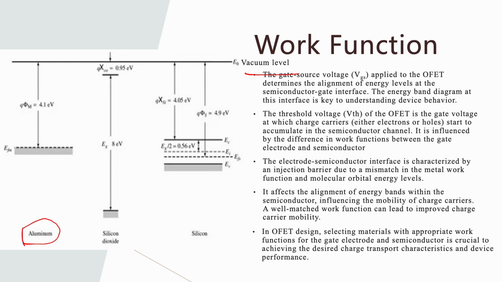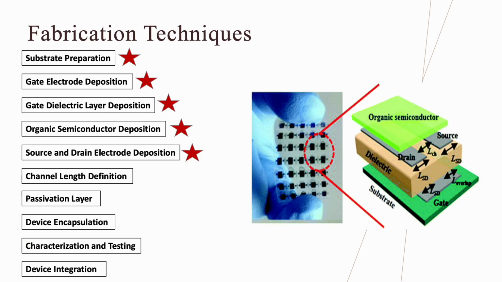Work function affects the alignment of the energy bands within the semiconductor, influencing the mobility of charge carriers. So, a well-matched work function can lead to improved charge carrier mobility. In OFET design, selecting materials with appropriate work function for the gate electrode and the semiconductor is crucial to achieving the desired charge transport characteristics and device performance.